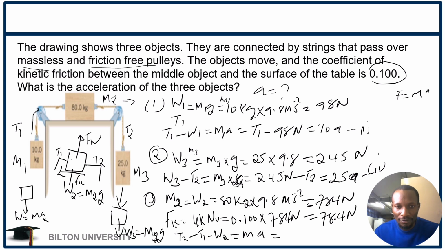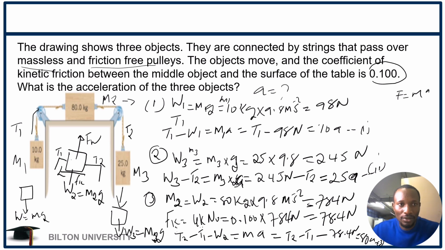So T2 minus T1 minus 78.4 Newton is equal to 80 times A, and we can call this equation 3.